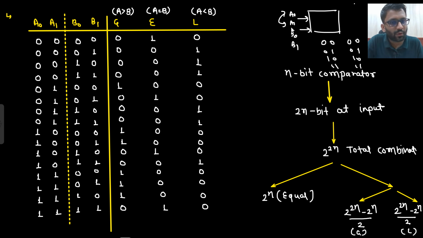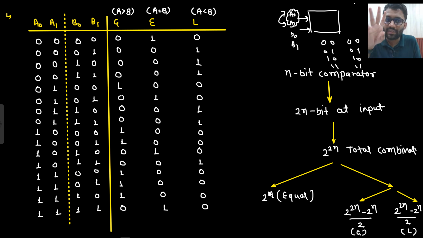So basically we are taking the total combinations of A0 and A1. What are all the possible combinations of A0 and A1? At those times it will be equal.